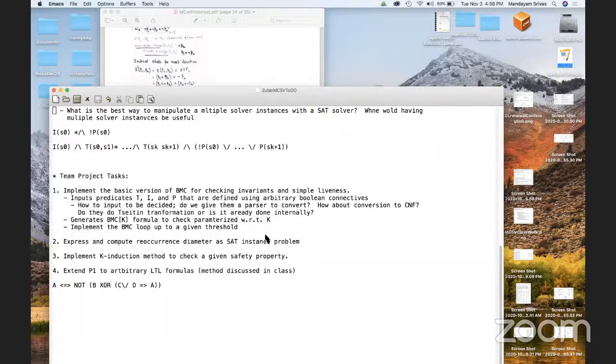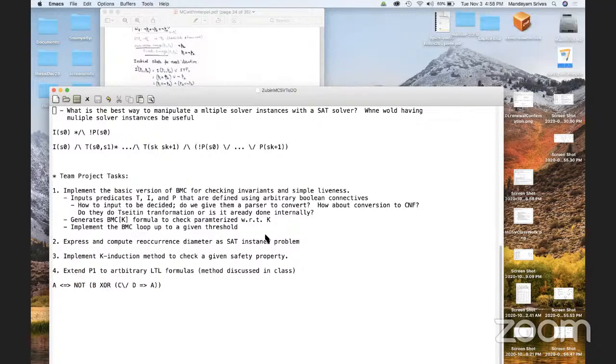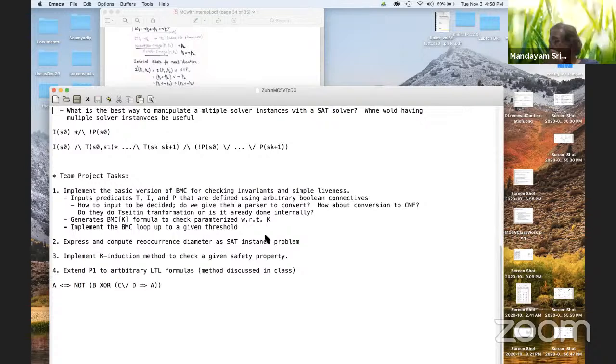Also, is it fine if we do it only for AG and EF, right? No. But I'm saying, since you're not doing it for nested ones, do it for U and R as well, for one-level things, because U and R are somewhat similar.